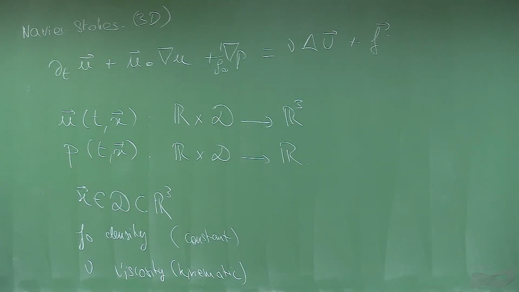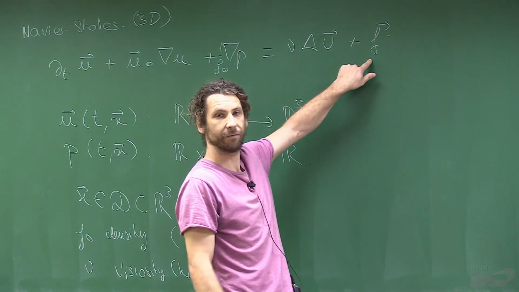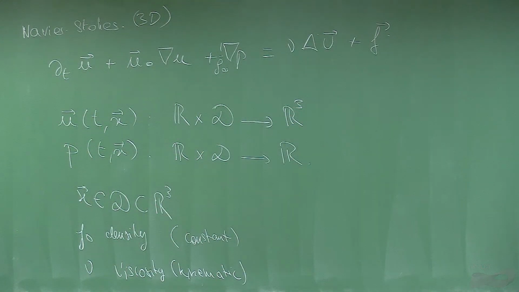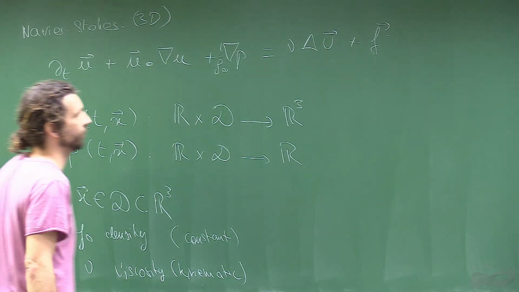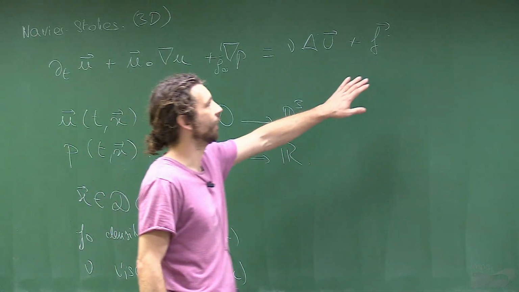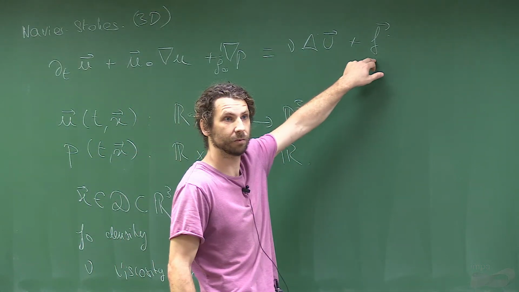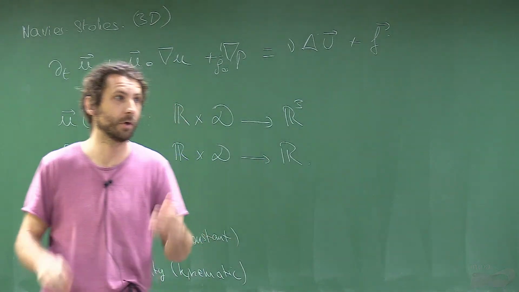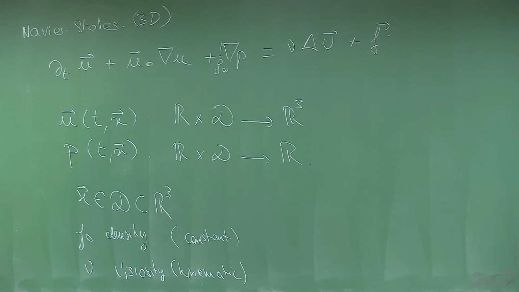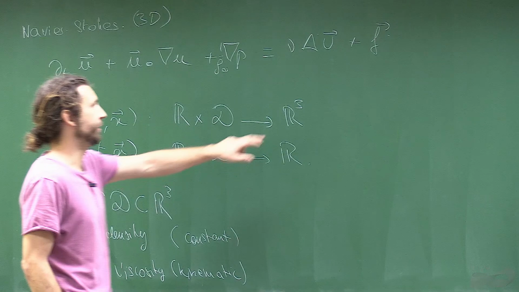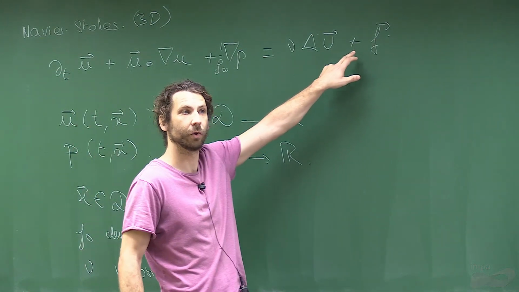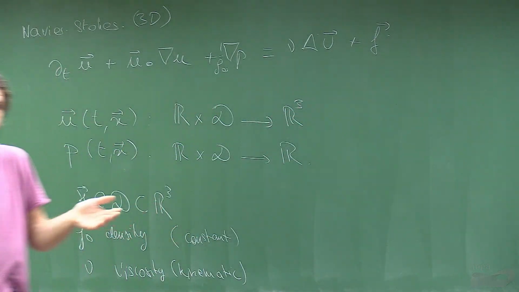And the last bit is this F here, this term, which can be thought of as some type of forcing. It can be gravity, for example. If you think about a real fluid, it can be also the action of boundaries or the spoon on your coffee. So just a force which is given.